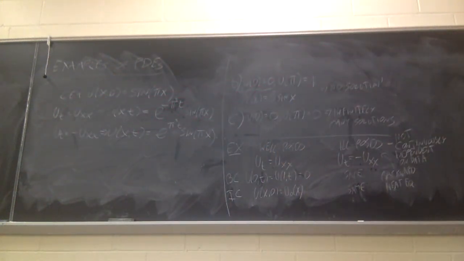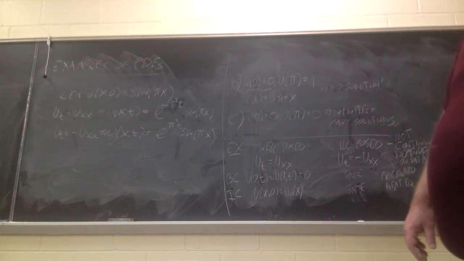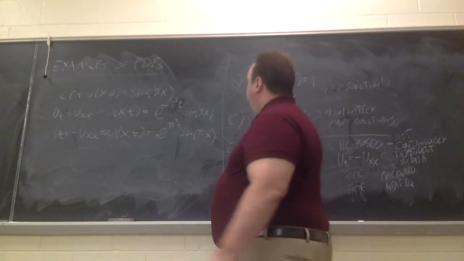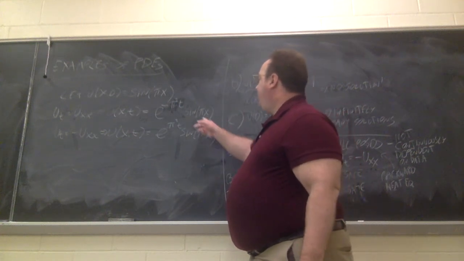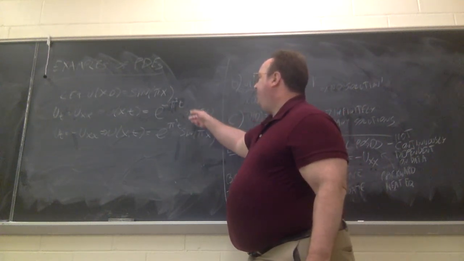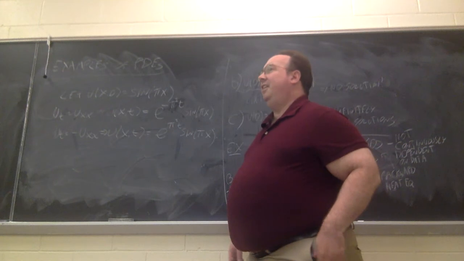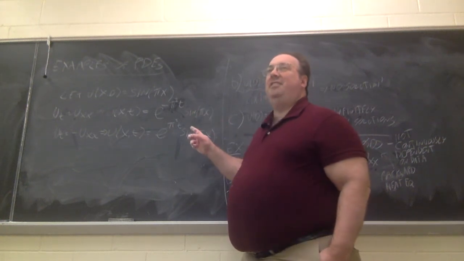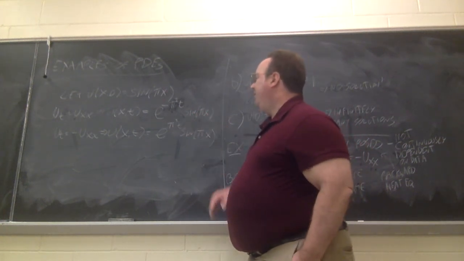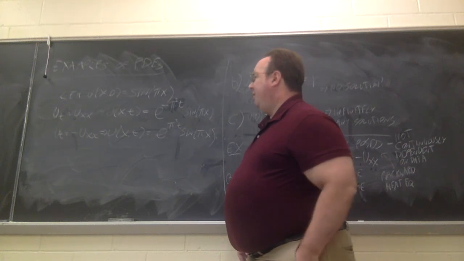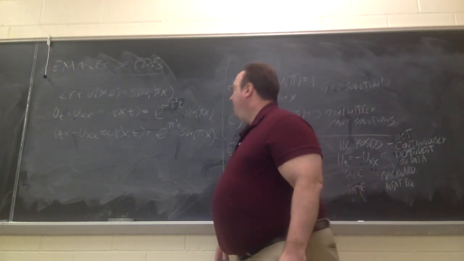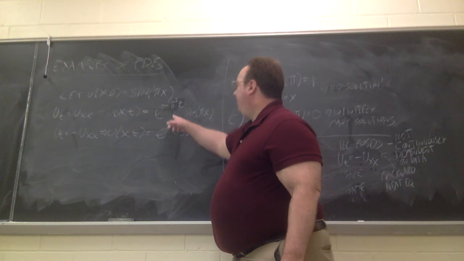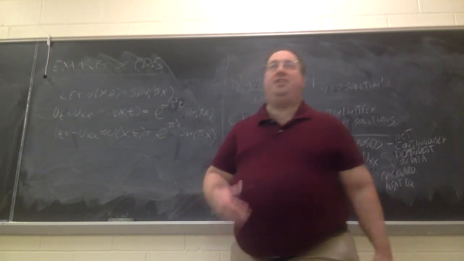Okay. Now, let's suppose I change this initial data, the sine pi x, a little bit. Like maybe I multiply it by a constant, just so the general form of the solution would not be affected. What happens to this factor here as t increases?